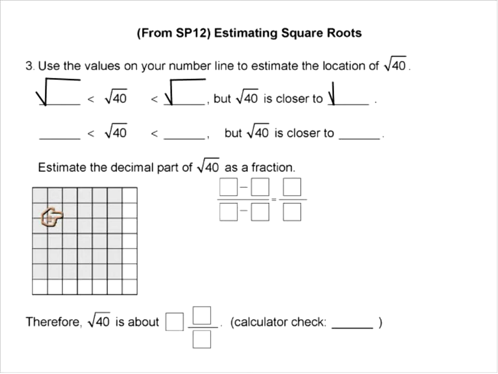Remember that the square root of 40 is somewhere between the square root of 36 and the square root of 49, right? So what we did here is we drew a 7 by 7 square, which is a big one, and then the shaded one is our 6 by 6.